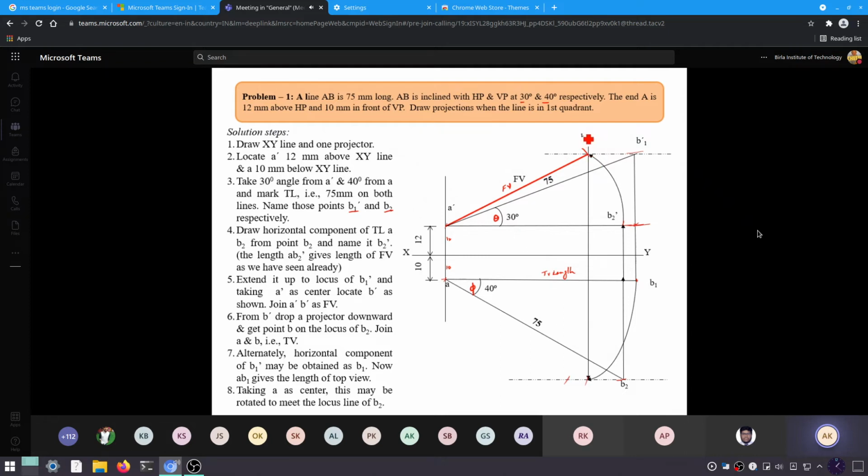If you drop B1 dash over here, you will reach the same point. After joining A and B, you will get the top view. And these are the projectors, A dash A, B dash B.